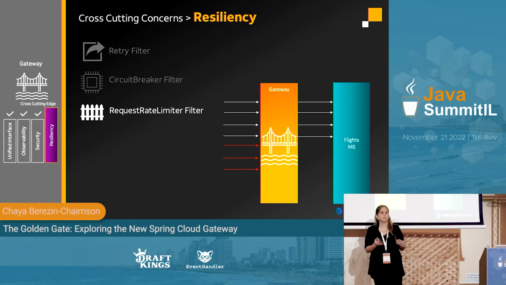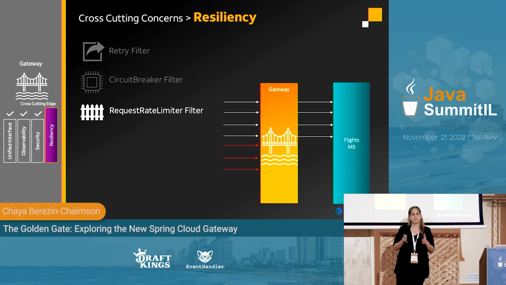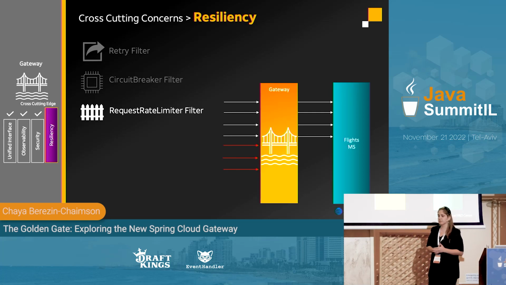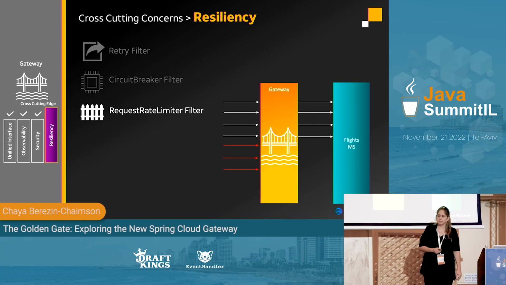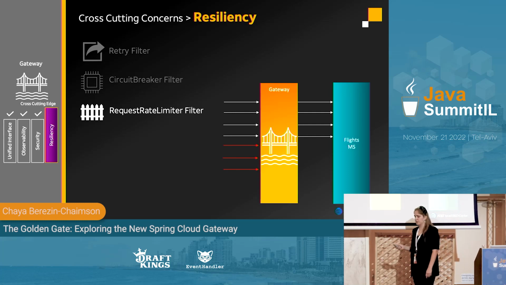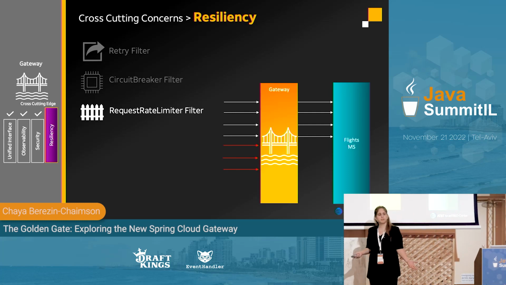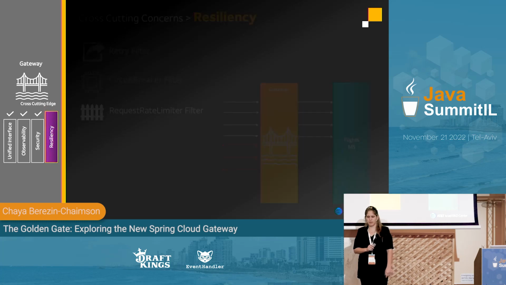So we better limit the request rate in the gateway component instead of forwarding it to the internal microservice and risking its availability. So again, it's a very nice filter integrating with Redis, very useful for many applications. So we've tackled resiliency as well.